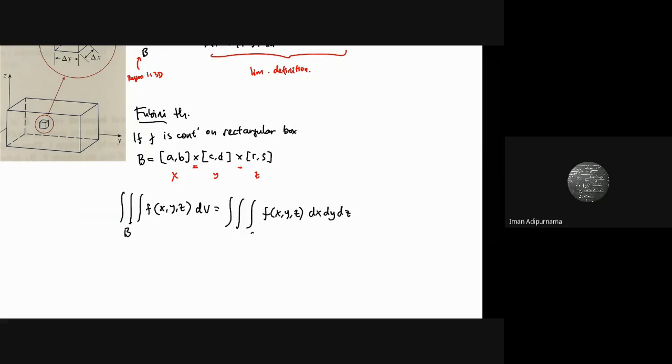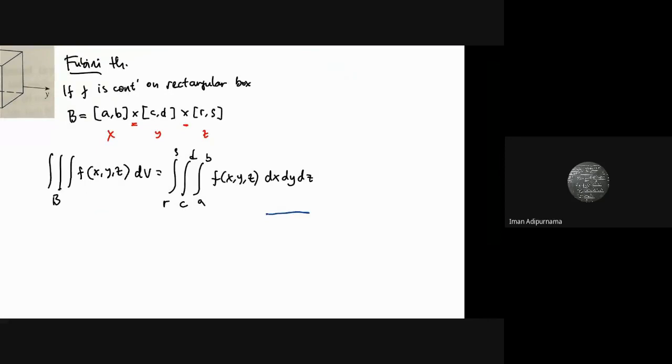So dx is A, B, C, D, and R, S. And you can basically change the order. So you can have dy, dx, dz, or dz, dy, dx, and various orders. At least you will have 5 others, right?